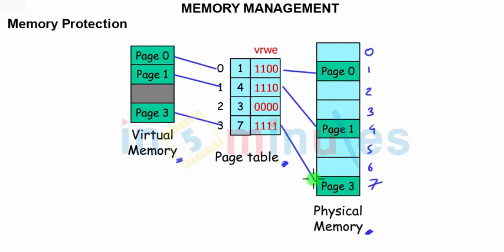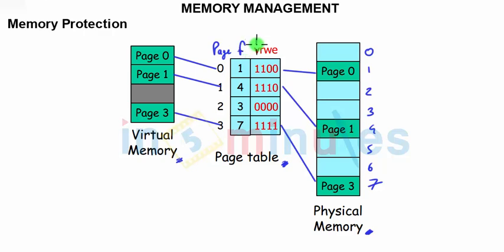Now this mapping is clear. That means here we are talking about the page, here we are talking about the frame. Next to that, I'll just rub out the frame part so that we can see. Let me just undo it. But this is page, this is frame, that is very clear.